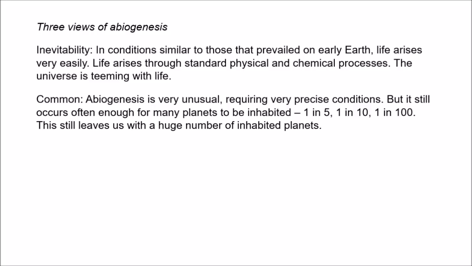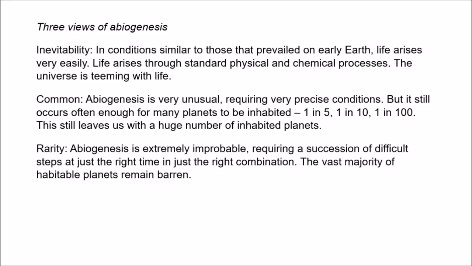The third view is rarity. According to rarity, the origin of life is an extremely improbable event. It's a massive stroke of luck. So the vast majority of planets remain barren. Perhaps the origin of life requires a succession of extremely improbable steps happening at just the right times in just the right combination, unlikely to have occurred anywhere else in the galaxy.